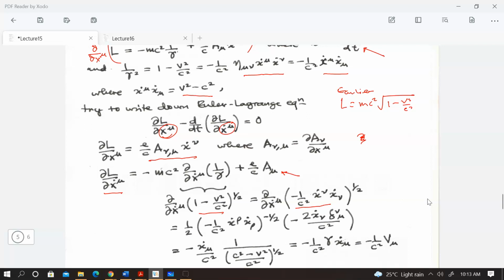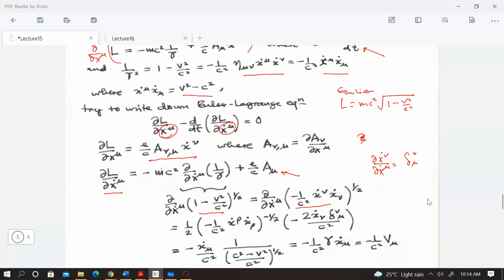One could really treat them as follows. Let me just write this thing down first so that you can see what's happening. dx dot nu over dx dot mu gives you delta nu mu. Okay, which means if mu and nu are not the same, in terms of their components, it will be 0. If it's the same, it equals 1.